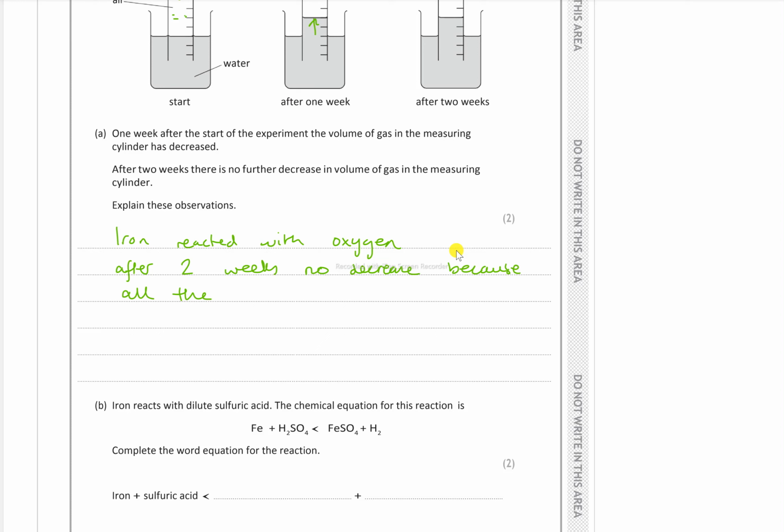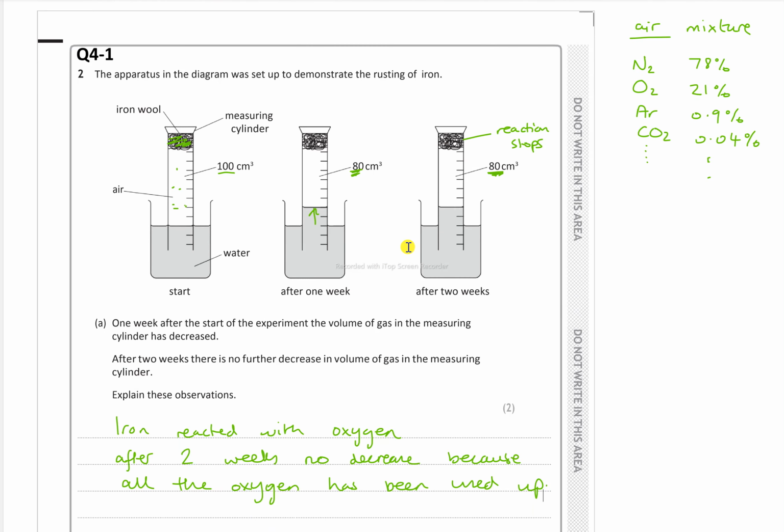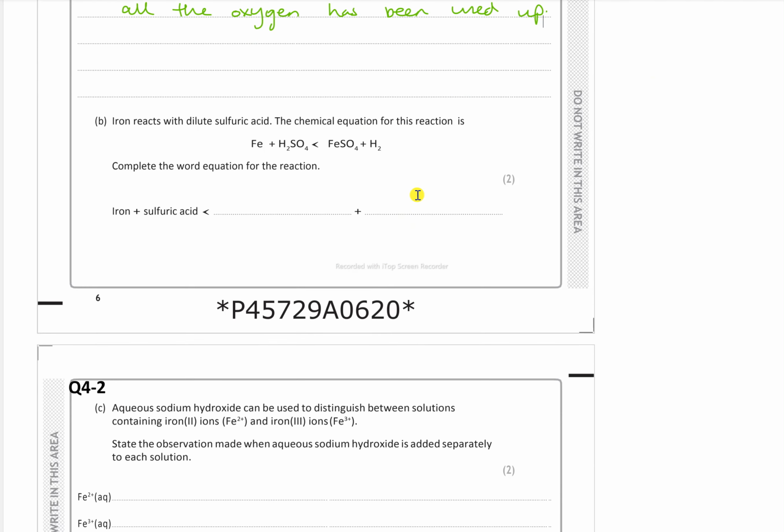All the oxygen has been used up. Done. Because there's no more oxygen, so there's no more iron oxide being formed. Right, again, this is a little typo.